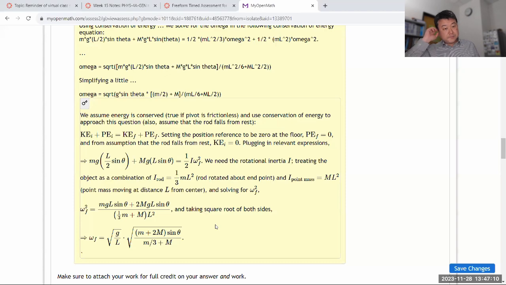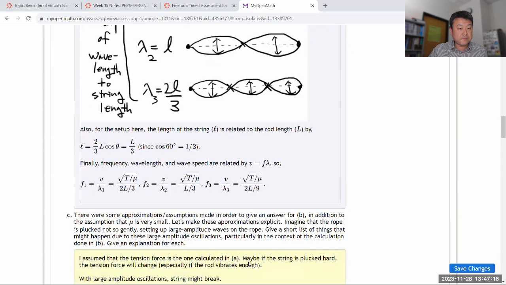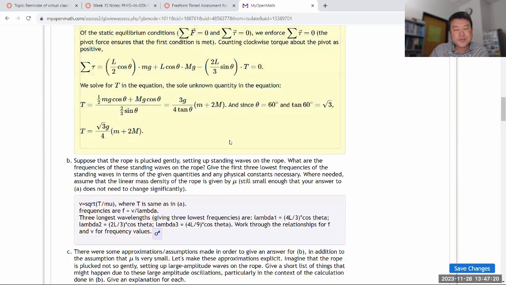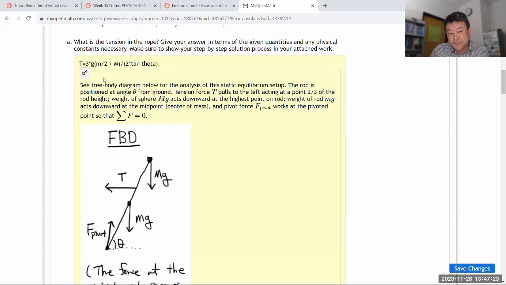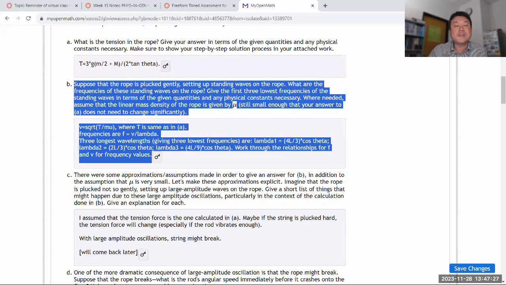So that's the answer. And again, the reason this question is in this set is, in the previous free-form timed assessment, I couldn't ask you this question. That's why it had to wait until the waves and oscillations chapter 2 to be asked.